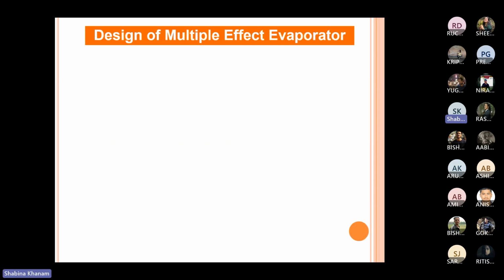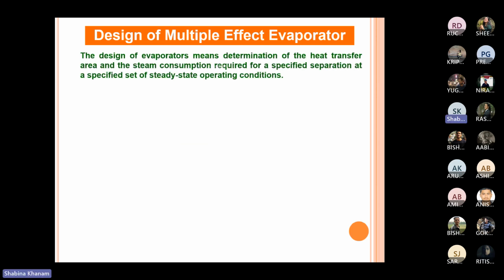Here we will start the design of multiple effect evaporator. If you recall the first class, where we discussed the introduction of this course, we discussed what is the meaning of design when we are considering evaporation design. The meaning of design is to find out the heat transfer area of the heat exchanger, and secondly, to find out the steam consumption.